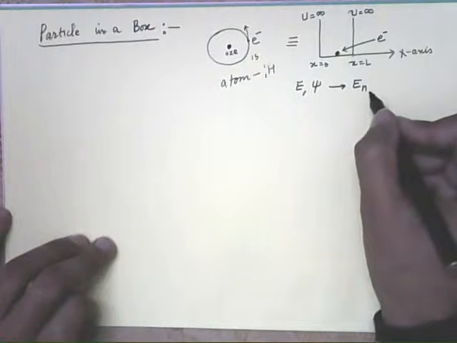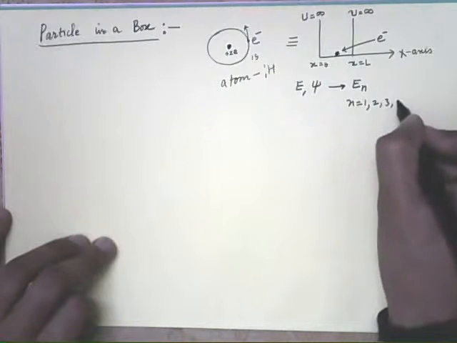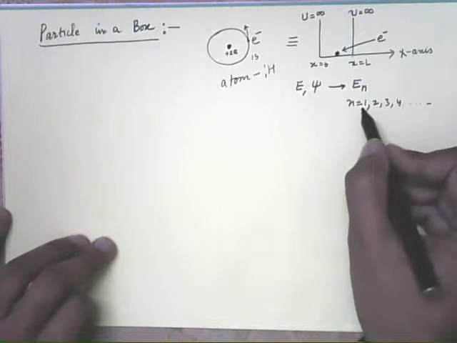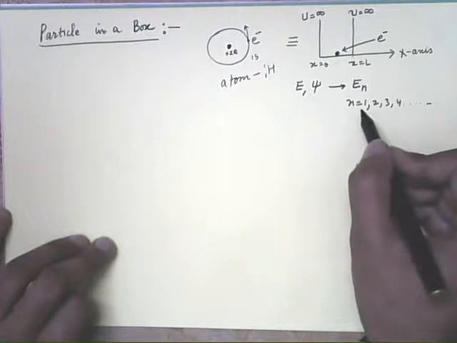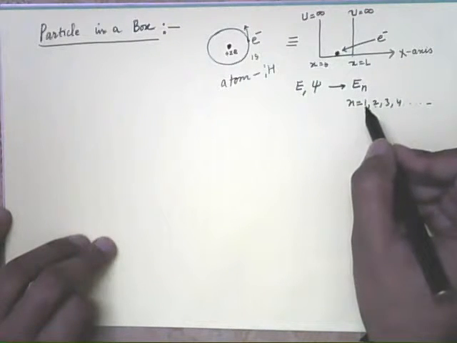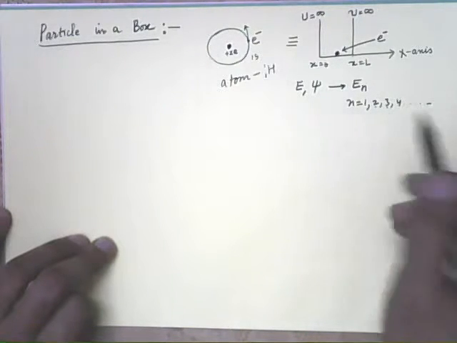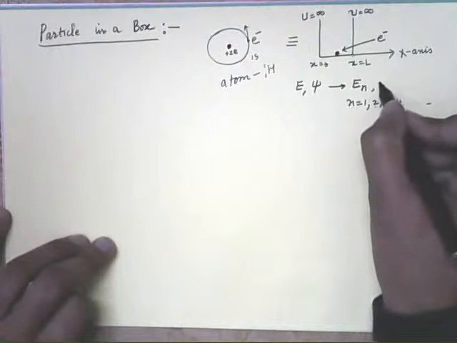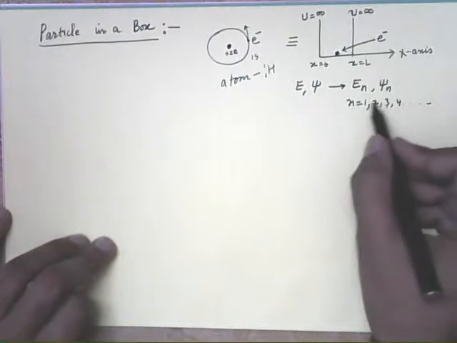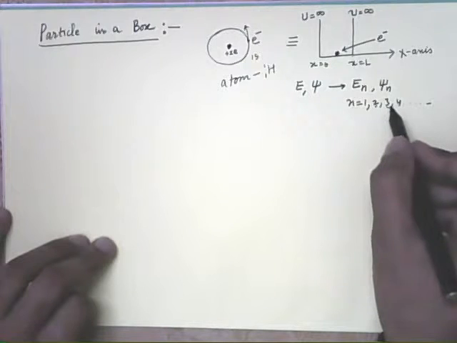The energy of any state n, where n is equal to 1, 2, 3, 4 and so on. n equal to 1 corresponds to the ground state energy, n equal to 2 corresponds to the first excited state, n equal to 3 corresponds to the second excited state, and similarly psi n, the wave function, corresponds to the ground state, first excited state and second excited state.